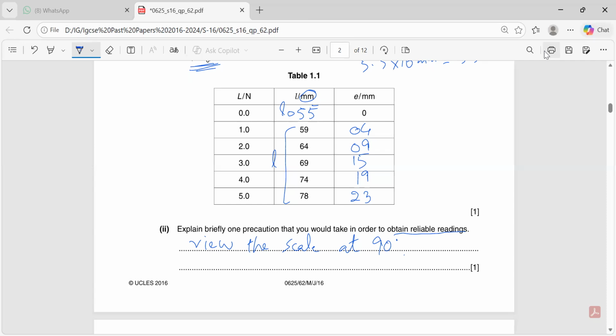So wherever, dear friends, we are dealing with measurement with the ruler or any analog meter, the improvement is to view the scale at 90 degrees. Our line of sight should be at 90 degrees.